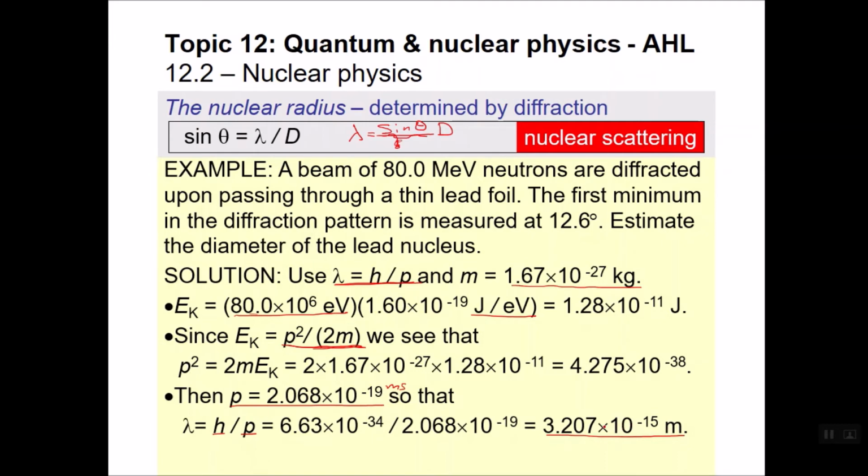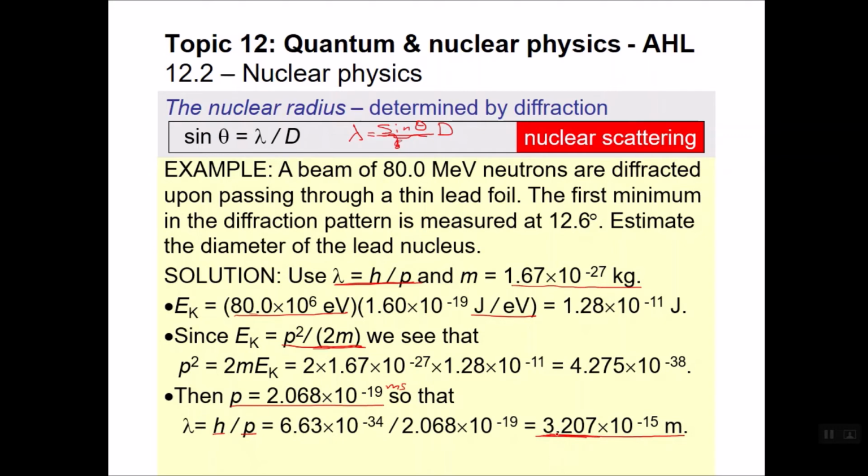Now this is in the gamma radiation region. So this is a very high energy photon that we're talking about here. And nuclei are just like electrons. They absorb and emit certain radiation packages.